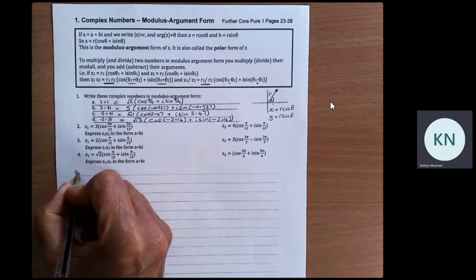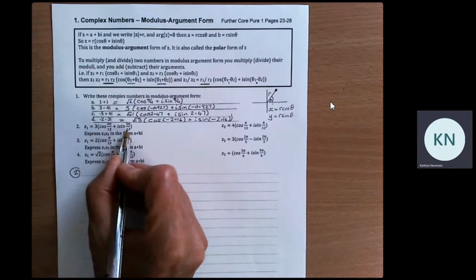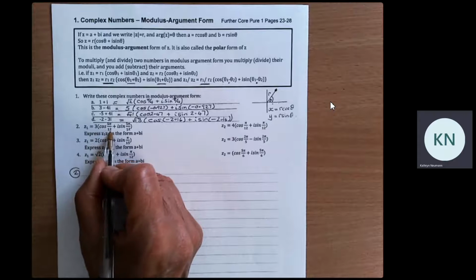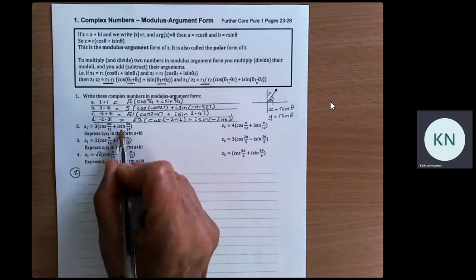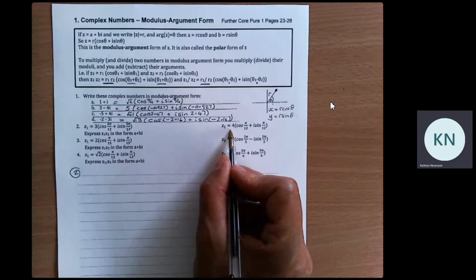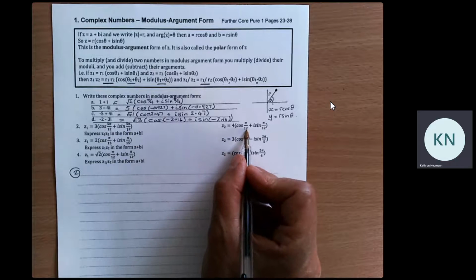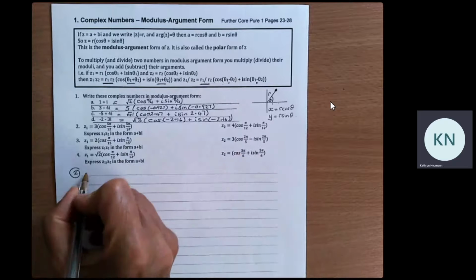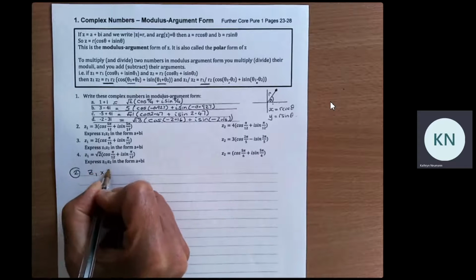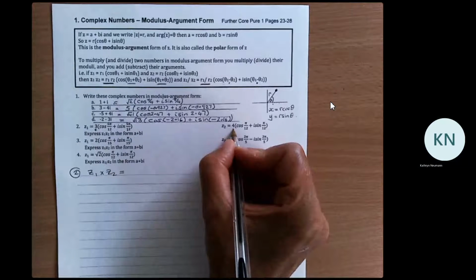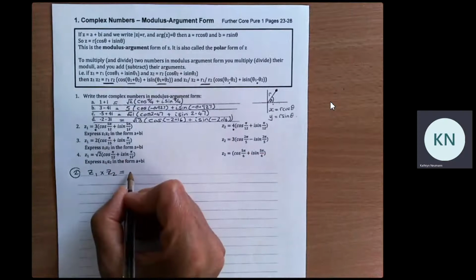So if we look at question 2 here, this is our first complex number. Z1 is 3 times (cos of 5 pi by 12 plus i sin of 5 pi by 12), and that's Z2. So that's the modulus of 4, and the argument is pi by 12. If I want to work out Z1 multiplied by Z2, I multiply the modulus of each complex number.